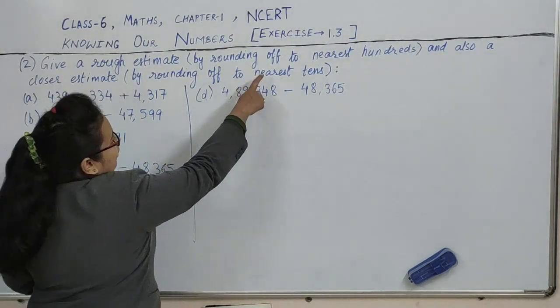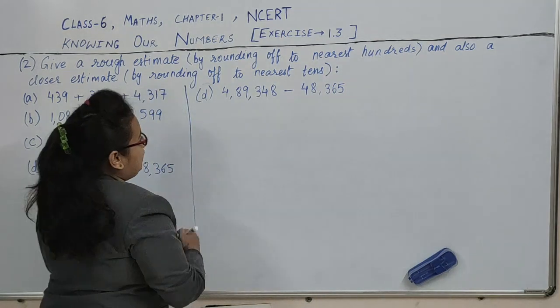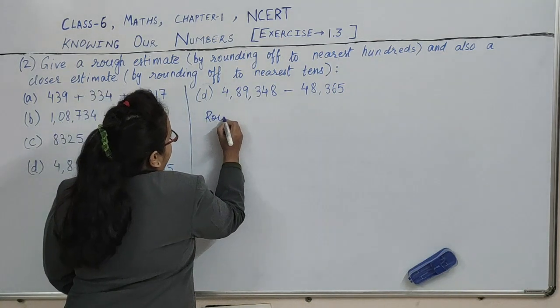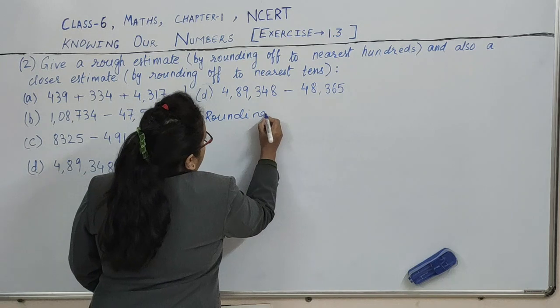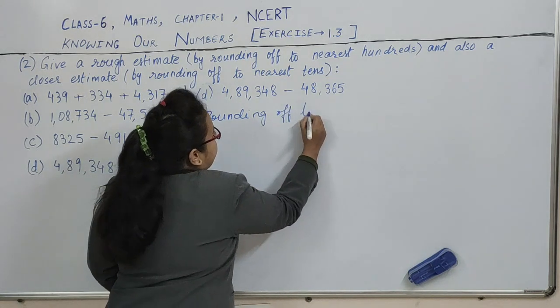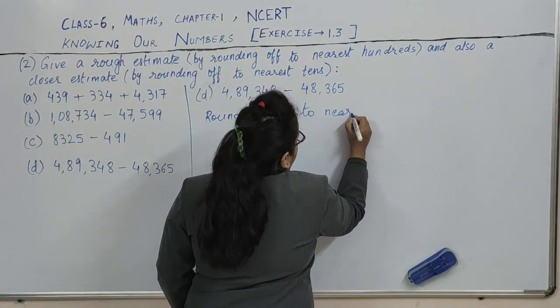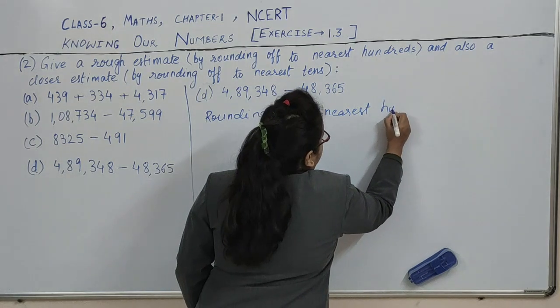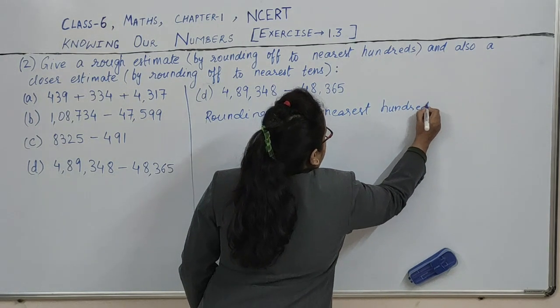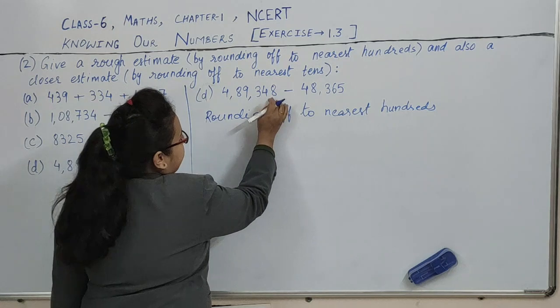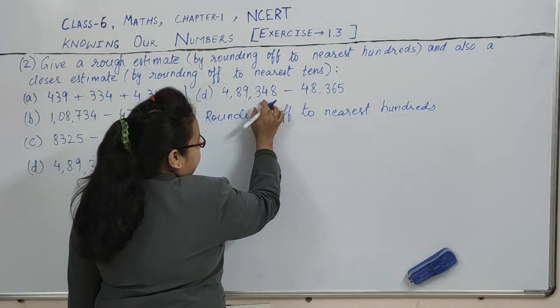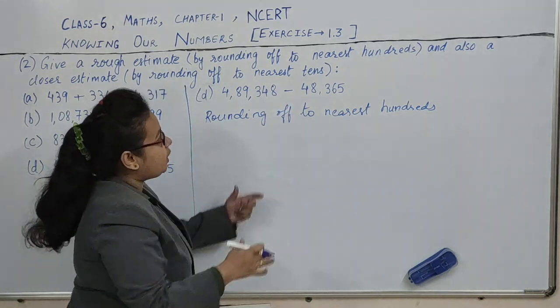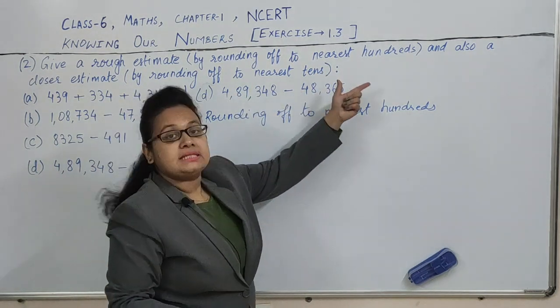So we will first round off to the nearest hundreds. We will see the digits at ones, tens and hundreds place. We will see these 3 digits because we have to round off to the nearest hundreds.